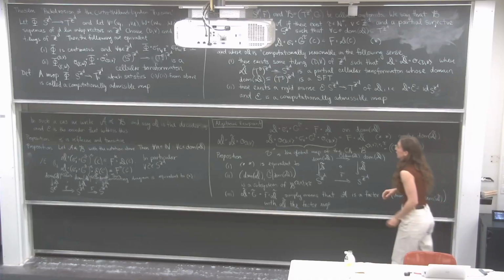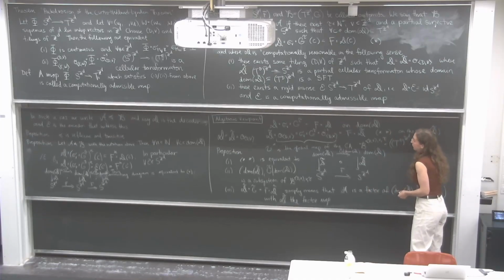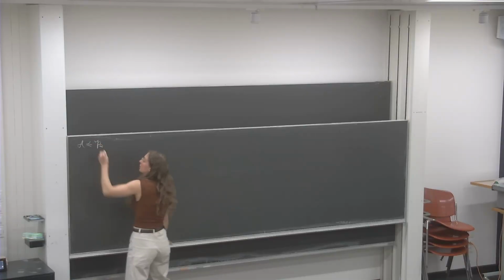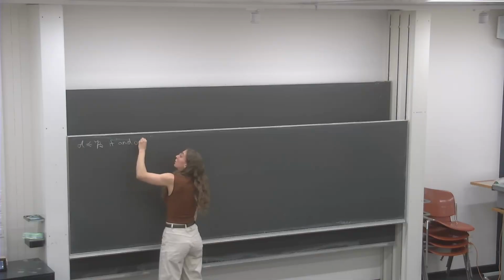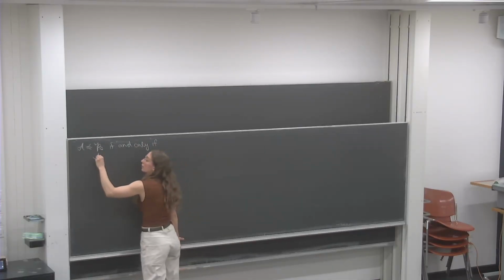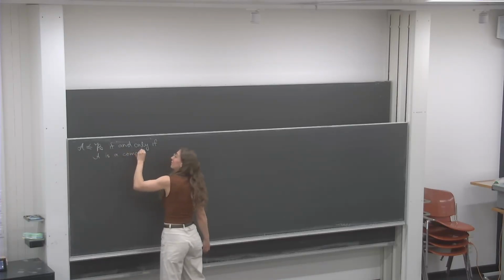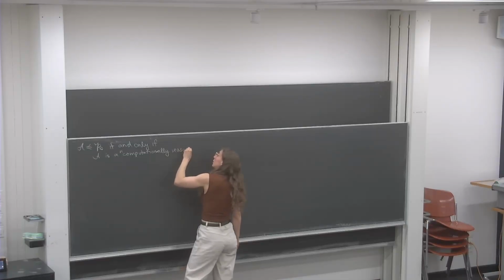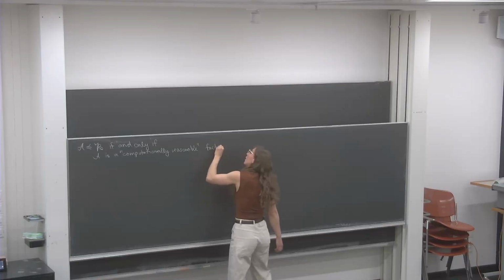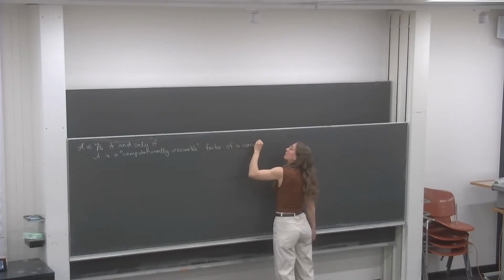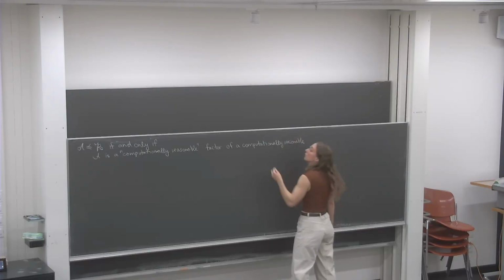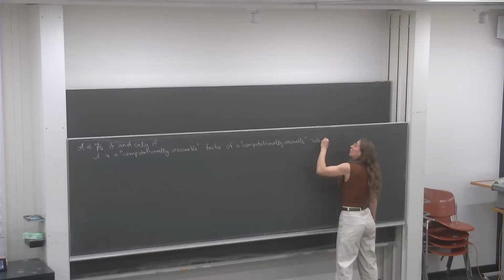So to summarize this, we could say that A is simulated globally by some CA B if and only if A is a computationally reasonable factor of a computationally reasonable subsystem, and now of what?